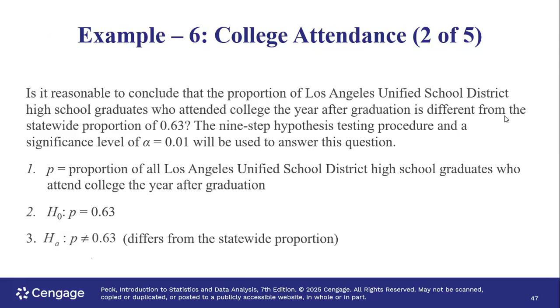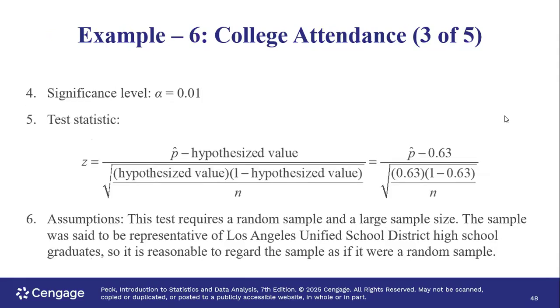So the first thing to check, remember our sample size from Los Angeles Unified School District was 500. We should check that the sample is a simple random sample and n times p0, where p0 is the value in the null hypothesis, is greater than or equal to 10, and n times 1 minus p0 is greater than or equal to 10.